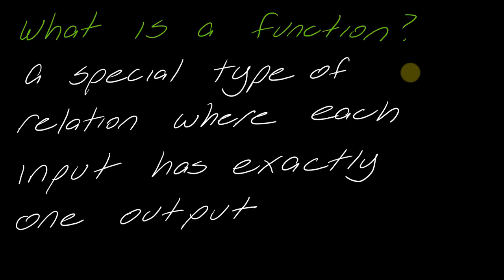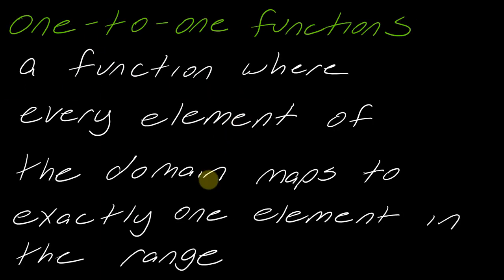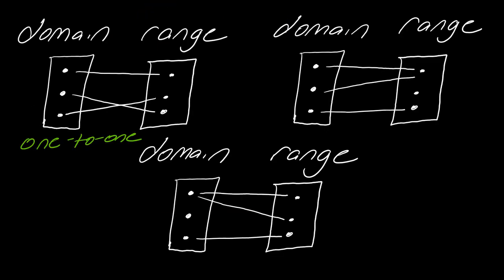A function has each input going to exactly one output, but a one-to-one function is each element of the domain goes to exactly one element in the range. The issue here is that two different elements in the domain go to the same thing in the range, so this is not one-to-one. This is a function, but it is not a one-to-one function.